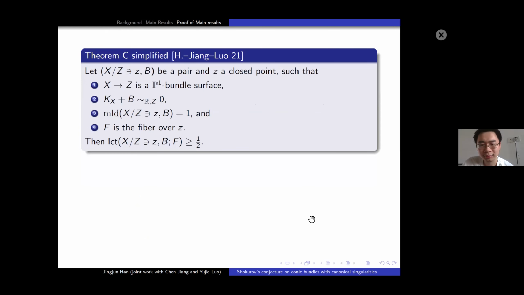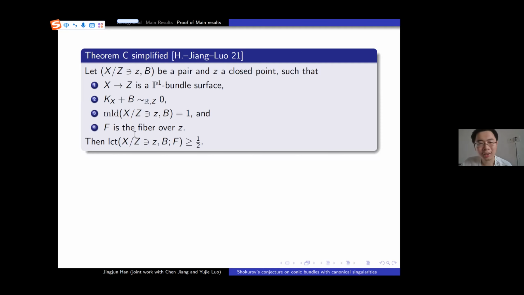And so now we have the following statement. This is a simple version of theorem C. Let (X, B) be a pair, where B is effective, Z is a closed point, and X over Z is a P1 bundle surface. So the dimension of X is equal to 2, and (X, B) is a relative log canonical pair, with MLD of (X, B) equal to 1.